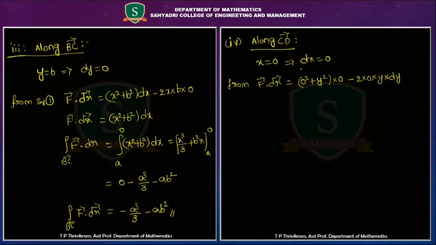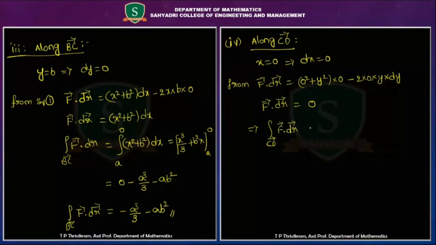Okay, so how much will you get? 0, right? So f dot dr is equal to 0. So the integration along the CD line of f dot dr is equal to 0, we got.